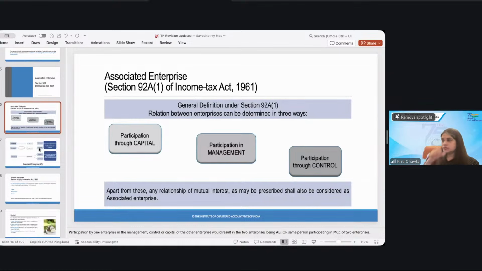So if there are two enterprises and they participate through capital, or in management, or through control in the other enterprise, then the two enterprises will become associated to each other. Apart from these, any relationship of mutual interest as may be prescribed shall also be considered as associated enterprises.